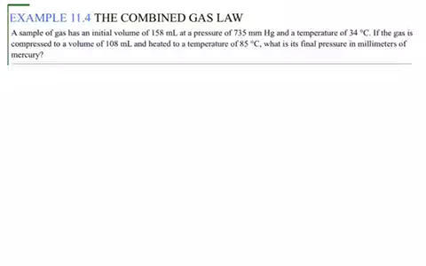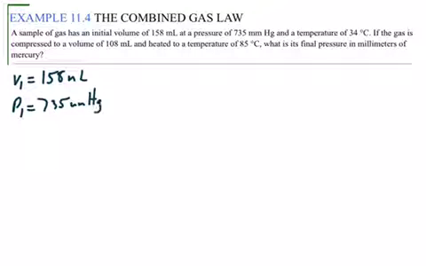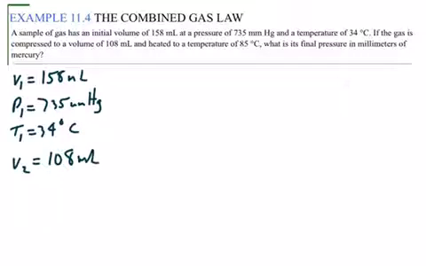So let's do the following. Let's read this problem, and as we read it, let's write the variables. According to this, we've got an initial volume of 158 milliliters. They tell you that the pressure is 735 millimeters of mercury, and they give you the temperature at 34 degrees Celsius. Now, the gas is being compressed to 108 milliliters.